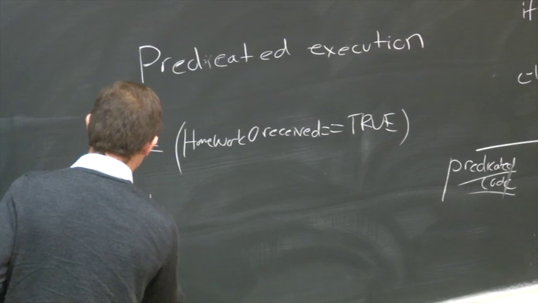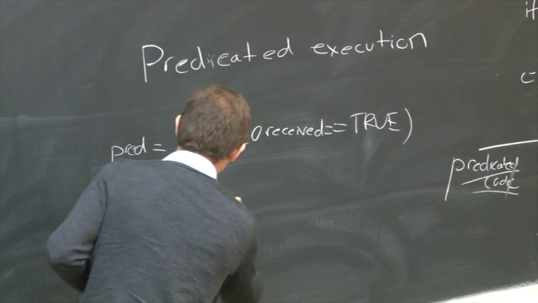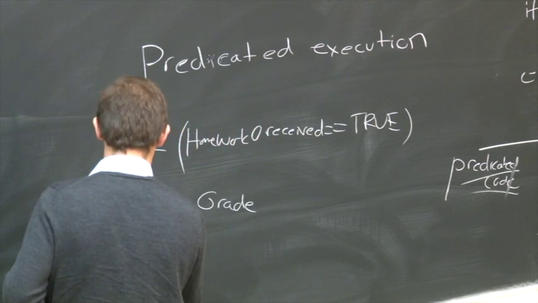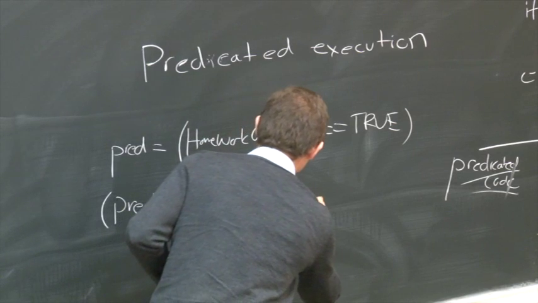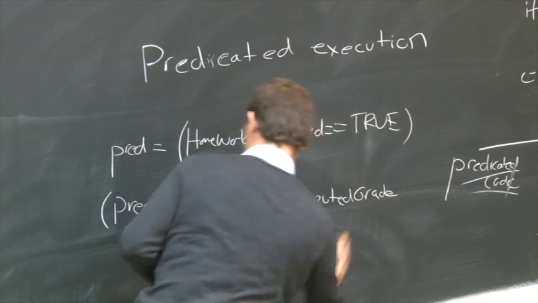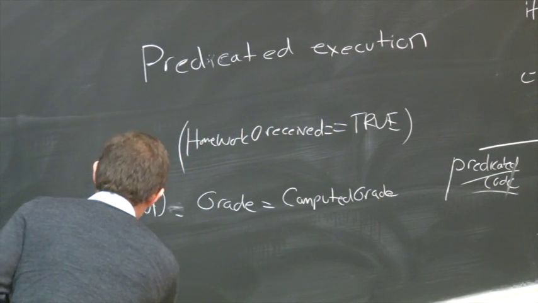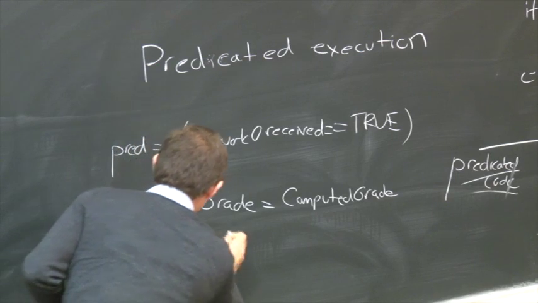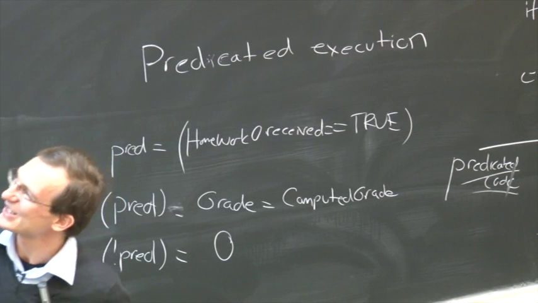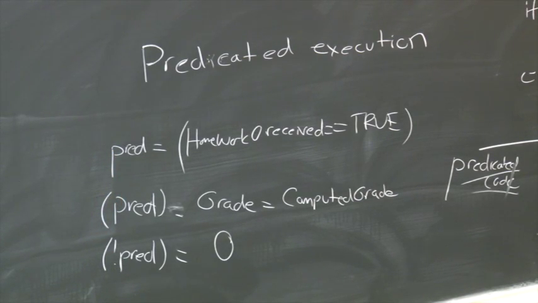If the predicate is true, your grade is a computed grade, which I will get to, hopefully. And if the predicate is false, your grade is 0. That's the algorithm for this. Homework 0.